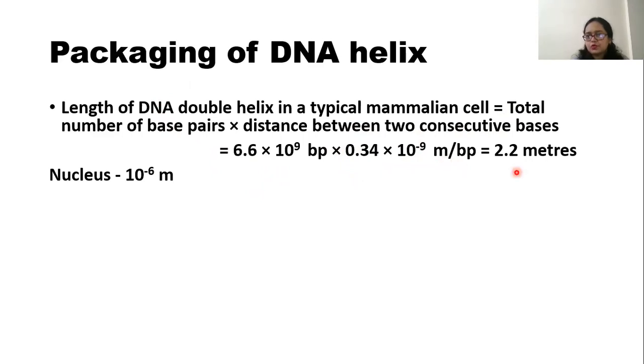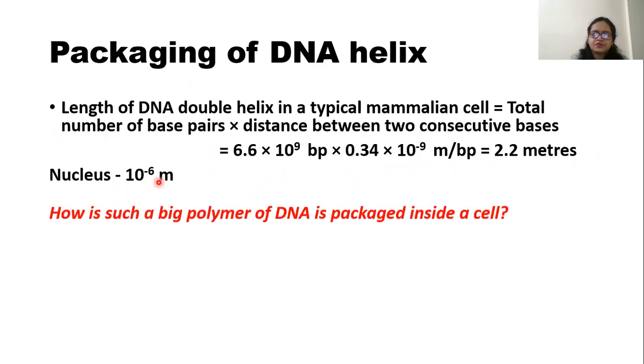So that comes to around 2.2 meters. Now you can see how big its length is. So how is it constrained within a small nucleus volume, which is only around 10 raised to minus 6 meter? The answer is its complex packaging.